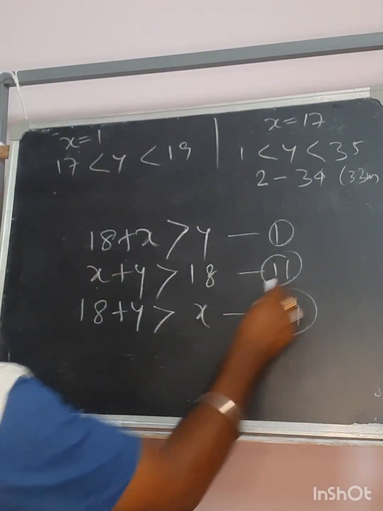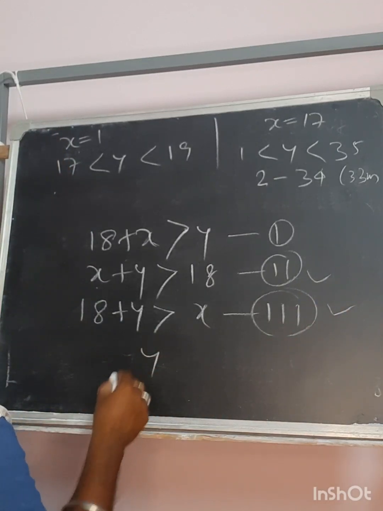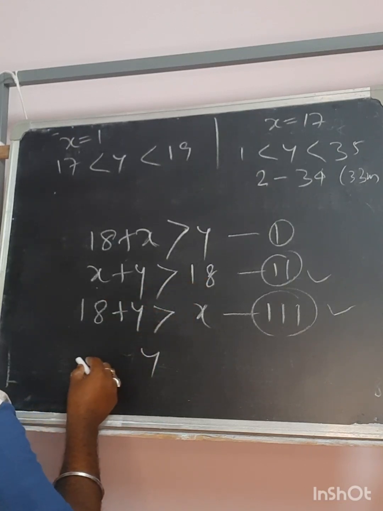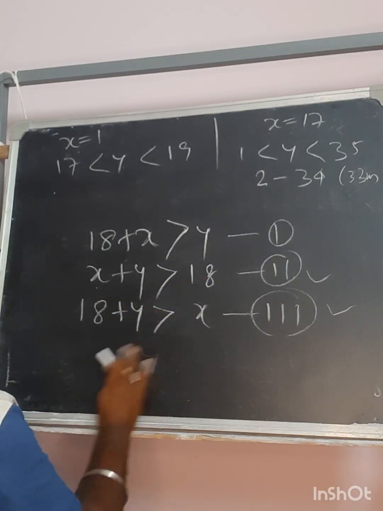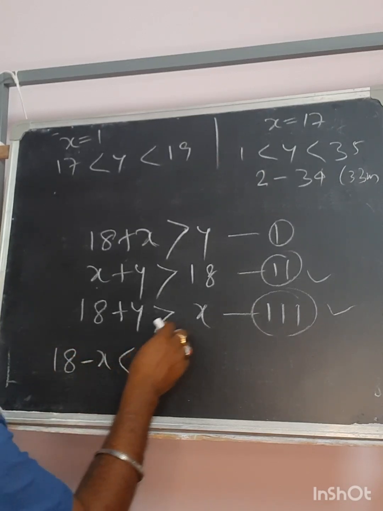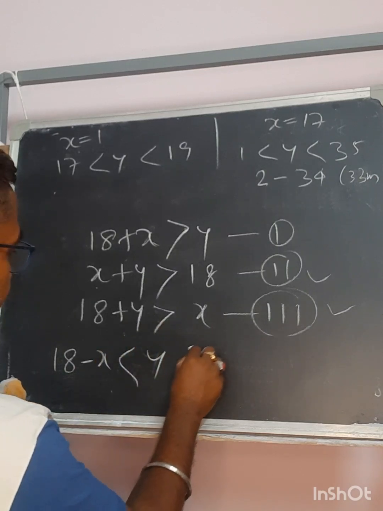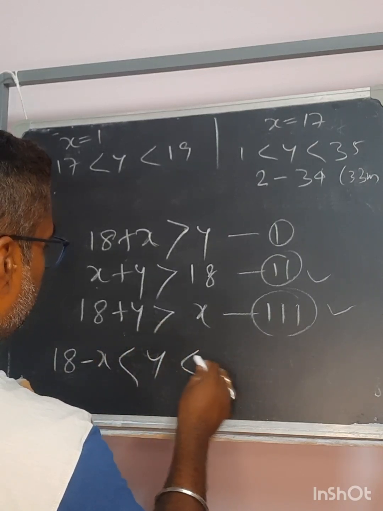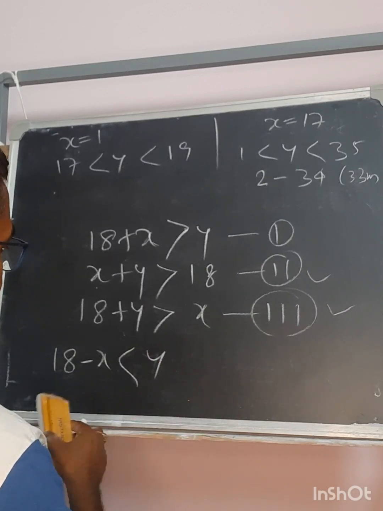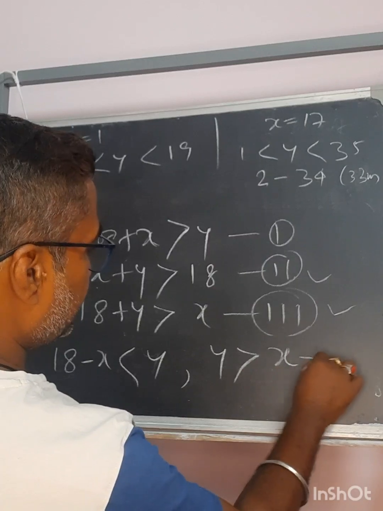Now taking the 2 and 3 conditions. So what I will get, y should be more than 18 minus x, and from here I am also getting y more than x minus 18.